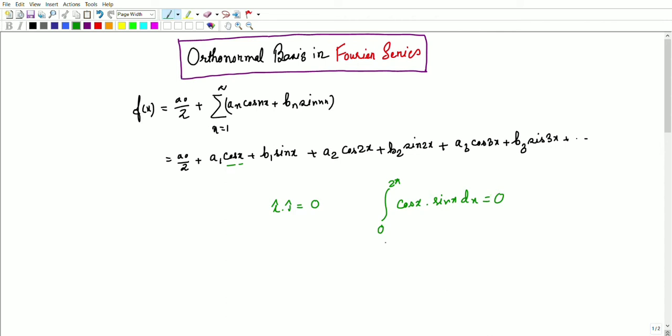Similarly, the integral from 0 to 2 pi of sin x sin 2x dx is 0, so they are also orthogonal to each other. Similarly, the integral from 0 to 2 pi of cos x cos 2x dx is also 0, so these are also orthogonal to each other.